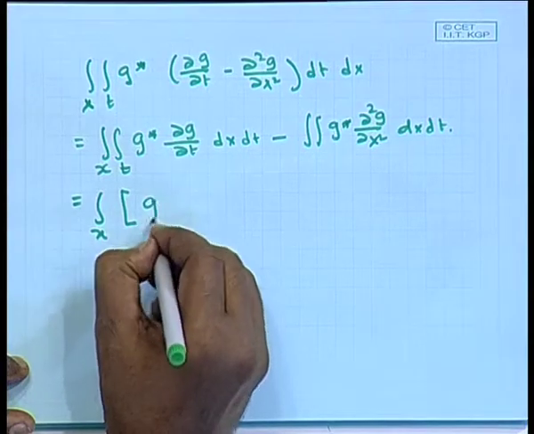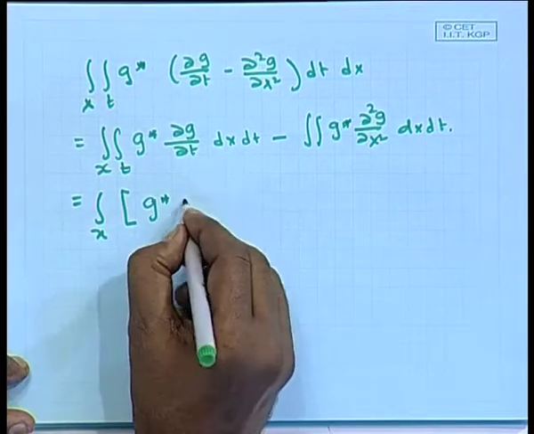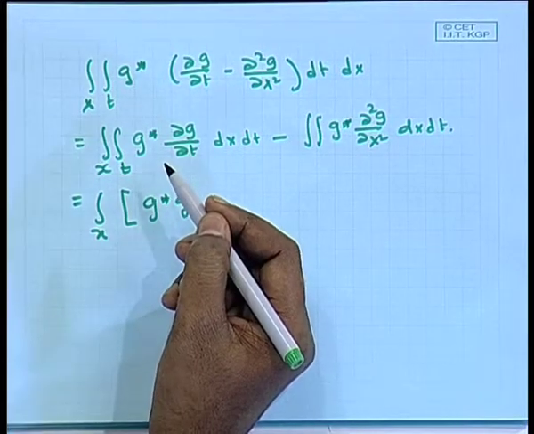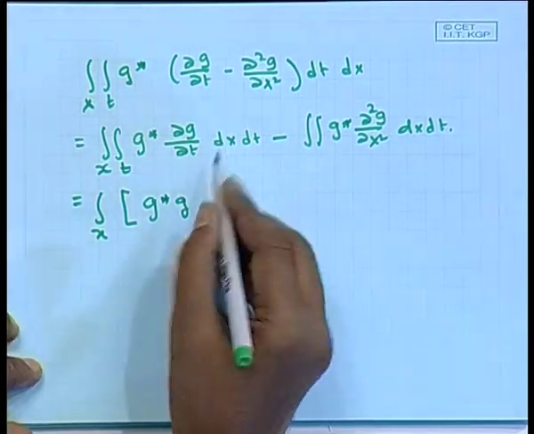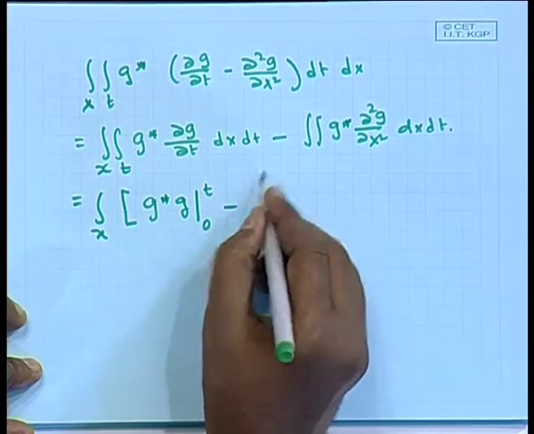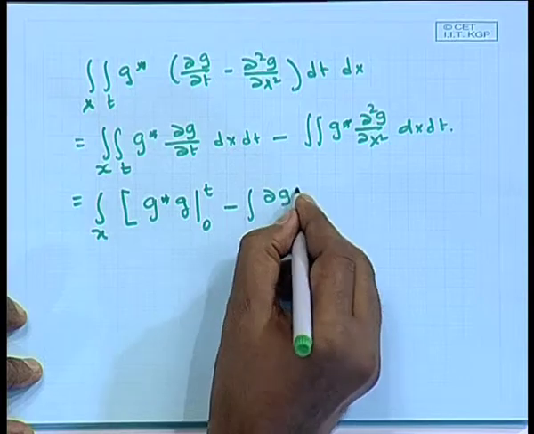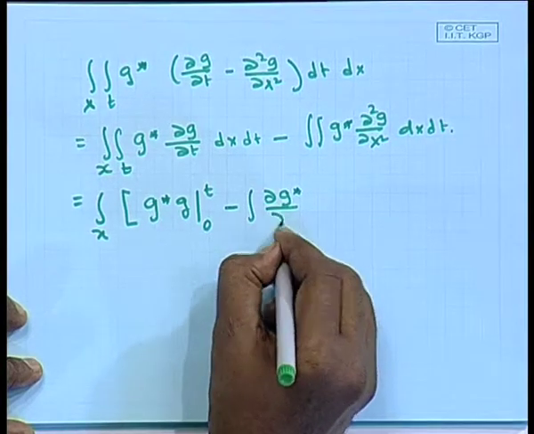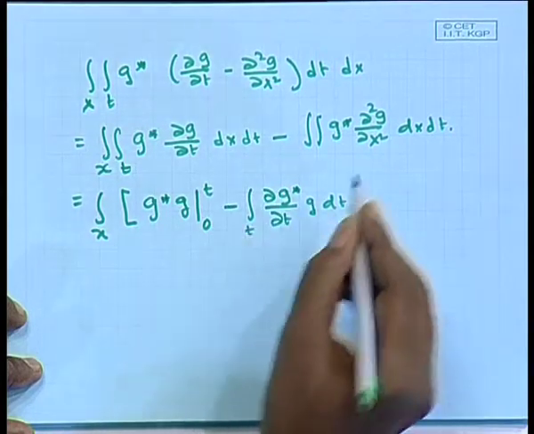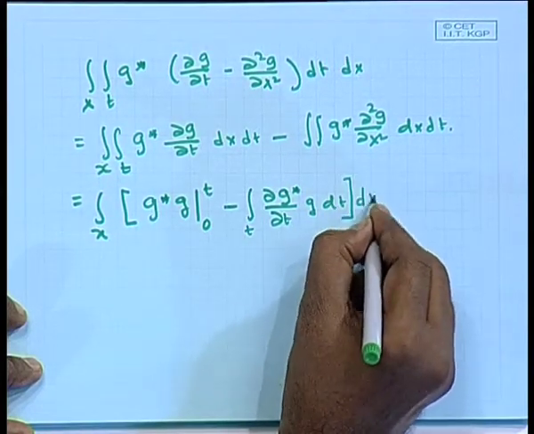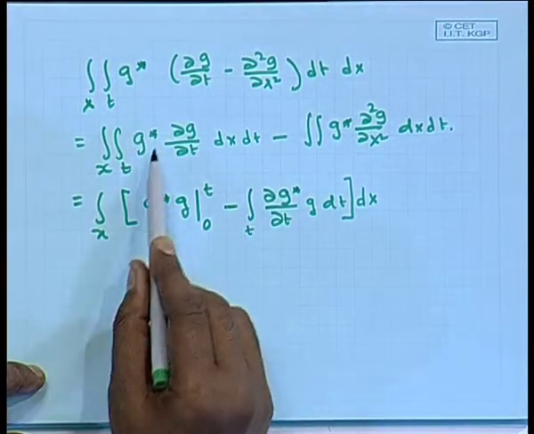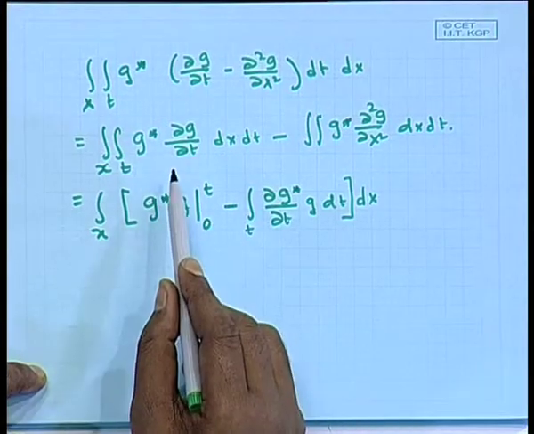First function g star, integration of second function will be g, evaluated between the limits 0 to t at any point of time, minus the integral of the differential of the first function, del g star del t, times g dt, this is over t, dx. So, I am expanding the inner integral first.